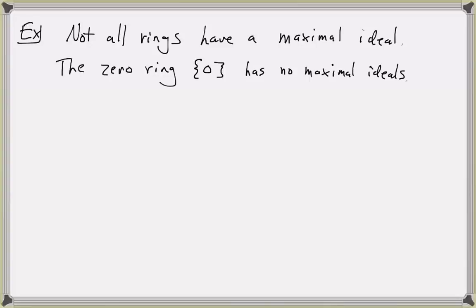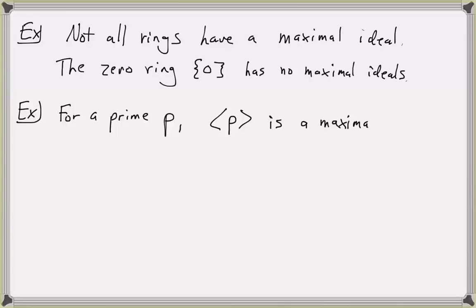Now for a less trivial example, let's look at the set of integers again. For a prime p, the ideal generated by p is a maximal ideal. Let's see why.